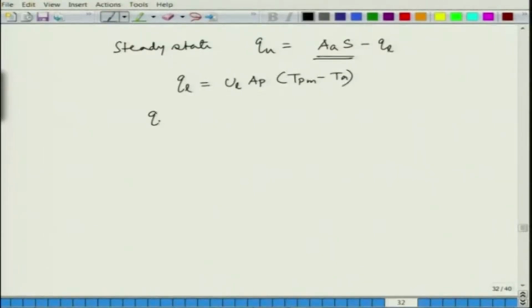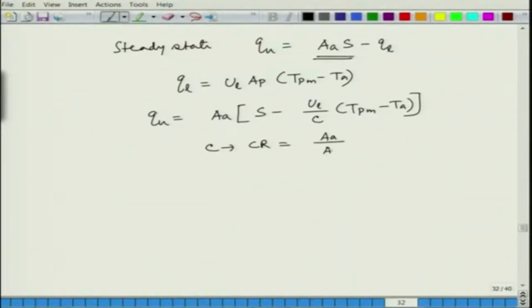So, now if you put that in the above equation, you can have AA multiplied with S minus UL by C. C is the concentration ratio. Okay. So, C is the concentration ratio, which is nothing but AA over AP.